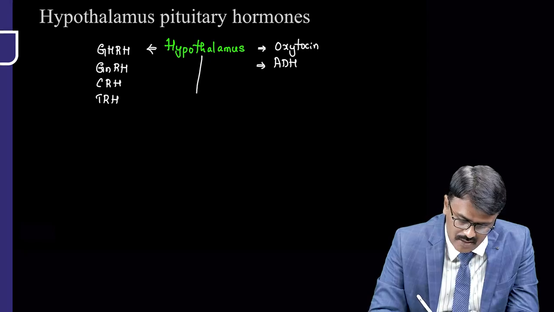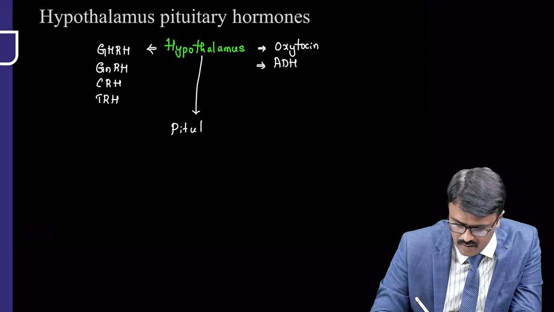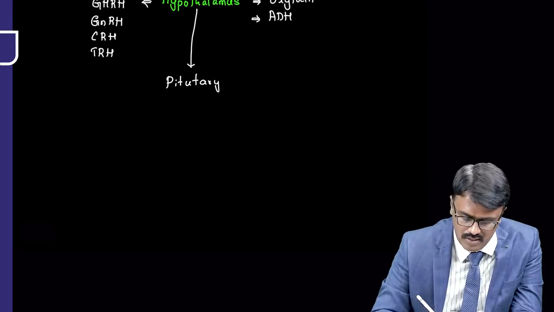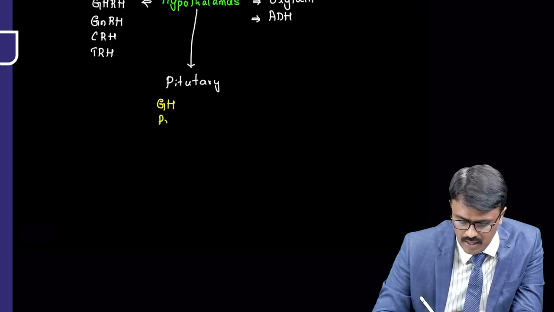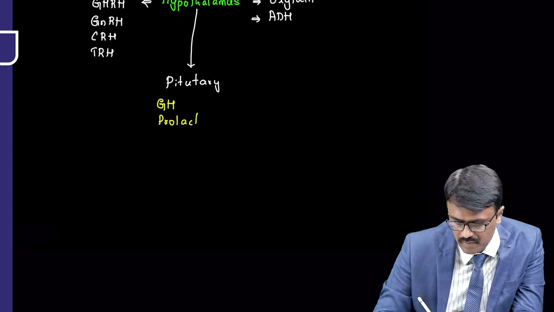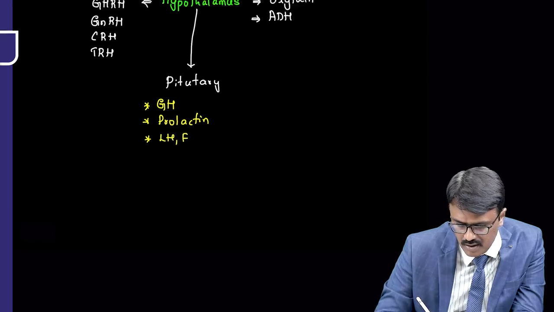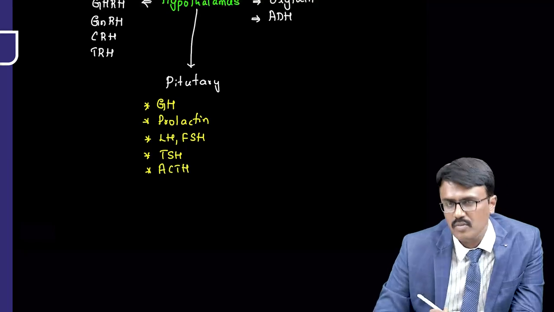Now, the hypothalamus controls the activity of the pituitary. There are certain hormones released from the pituitary. What are those? They are growth hormone, prolactin, LH, FSH, thyroid stimulating hormone, and ACTH, adrenocorticotropic hormone.